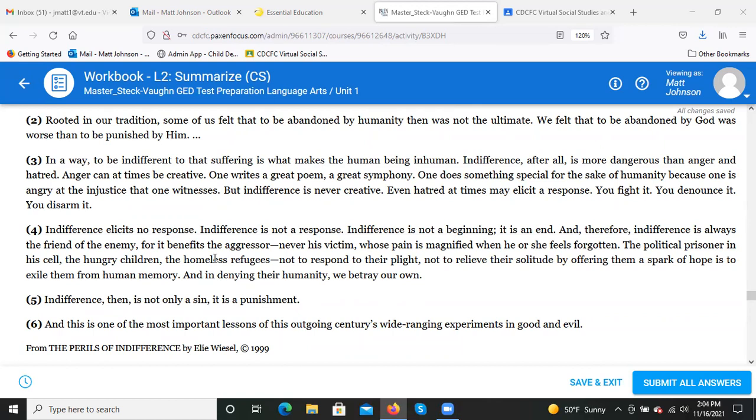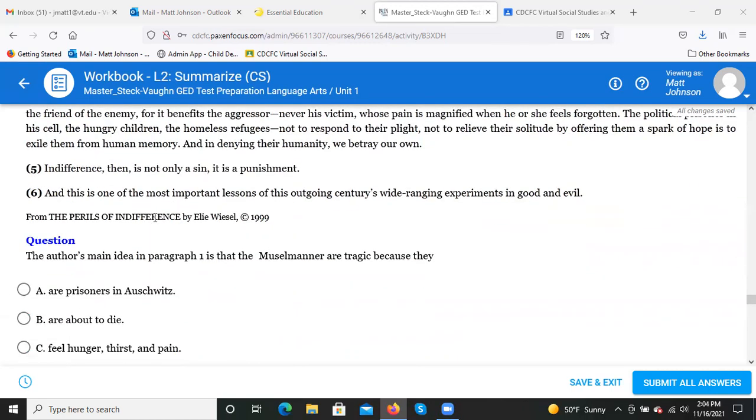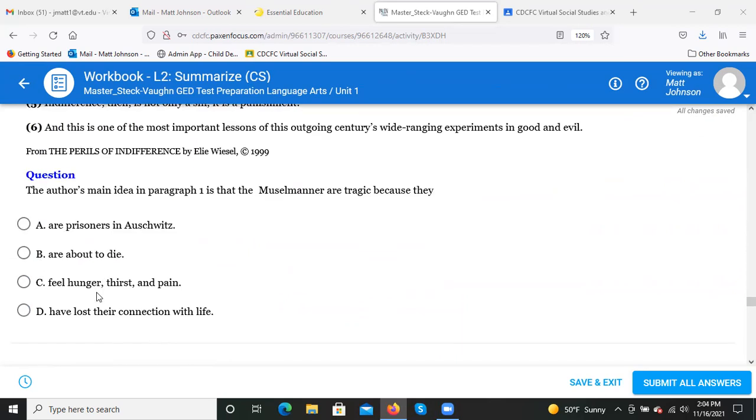So that's Elie Wiesel, The Perils of Indifference from 1999. Okay, so the author's main idea in paragraph 1 is that the Muselmänner are tragic because they are A, prisoners in Auschwitz, B, are about to die, C, feel hunger, thirst, and pain, or D, have lost their connection with life.